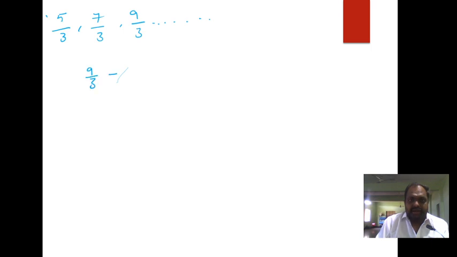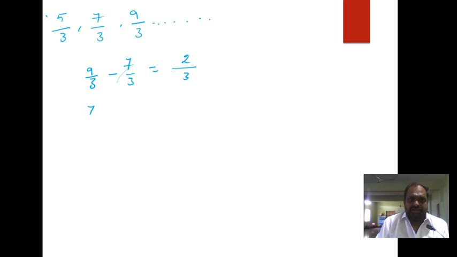In progressions, there can be negative values, quotients and fractions. That means 5 by 3, 7 by 3, next 9 by 3. It should be in AP because 9 by 3 minus 7 by 3: LCM is 3, 9 minus 7 means 2, 2 by 3.